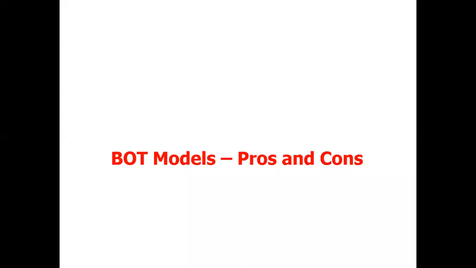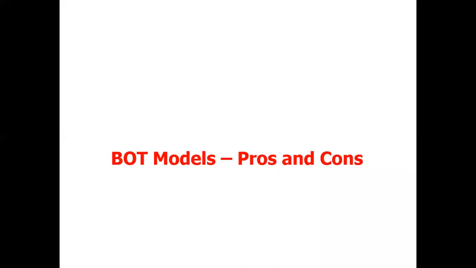So this BOT model, which is used for tolls, we know very well. Okay, so in detail we will learn this, then the pros and cons, what the advantages and disadvantages of these models are.